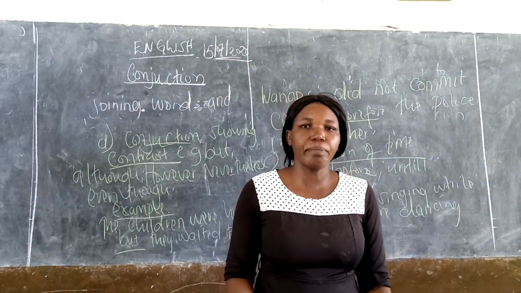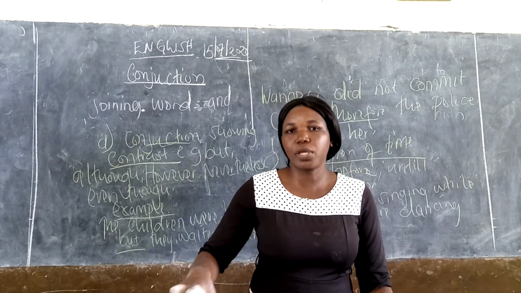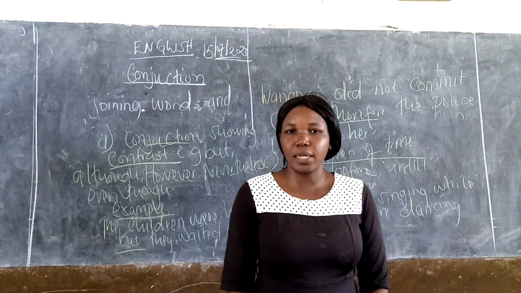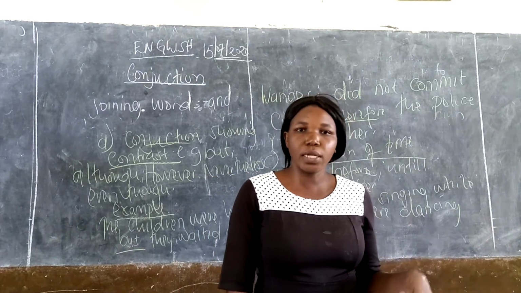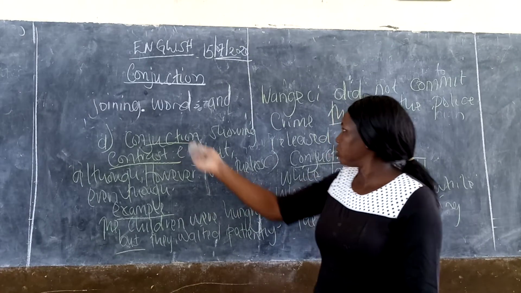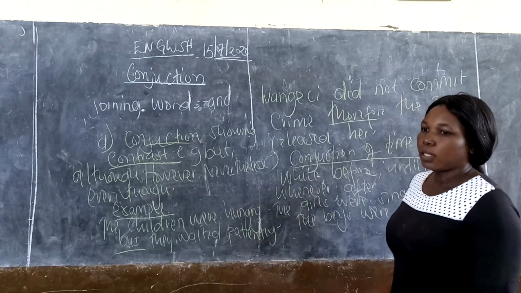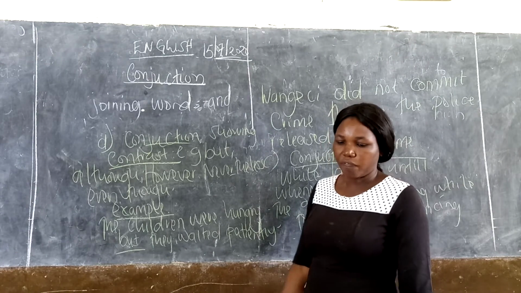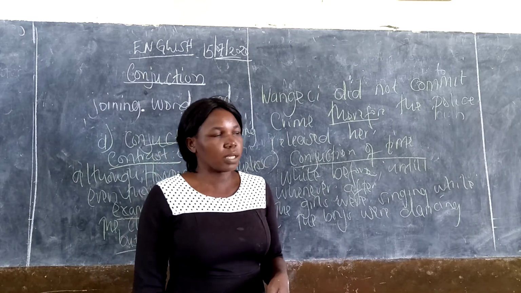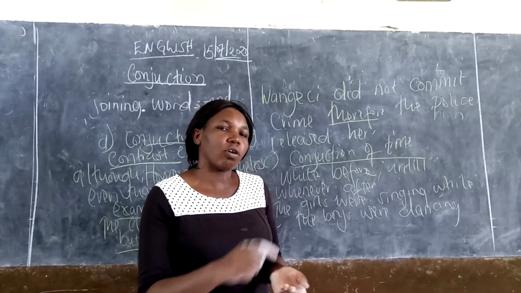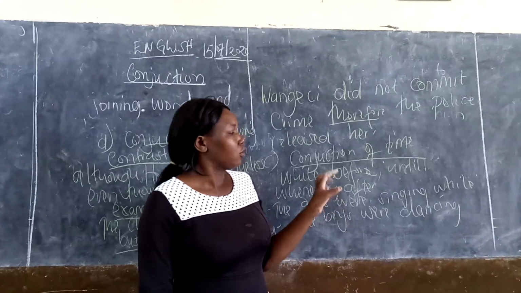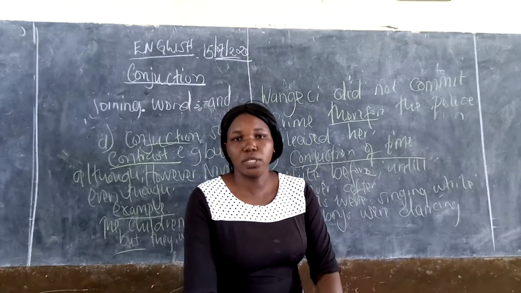That is why in a broken passage, you have to read the whole passage first silently, before you answer questions. Then go back to reading while trying to answer the questions. Look at this conjunction. Is it a contrast? Is it a conjunction of time? Is it a conjunction of reason, giving a reason for something to happen? Or is it a conjunction of addition, is it adding up? So these are different types of conjunction. You should know them and use them properly.